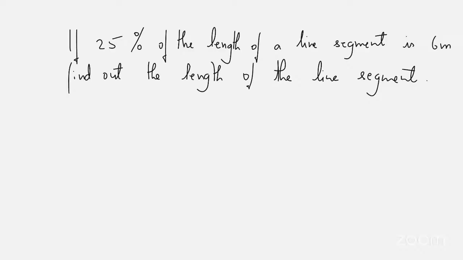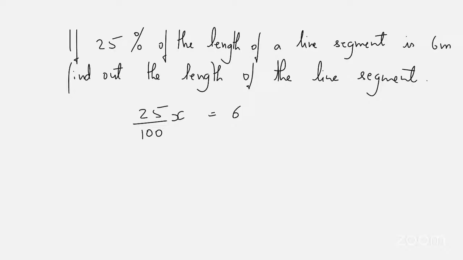So 25% you can take as 25 upon 100, and x, because we don't know the total length. And it is equal to 6 meter. 25% of x is equal to 6 meter.